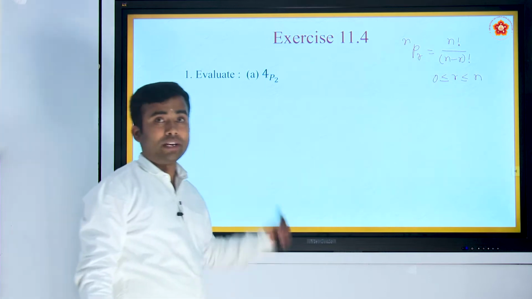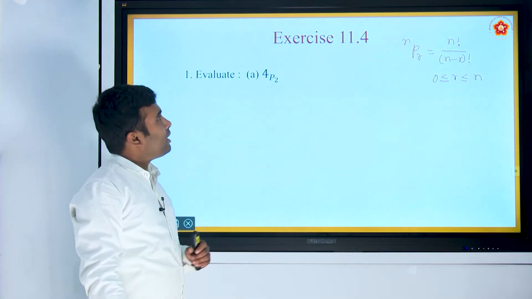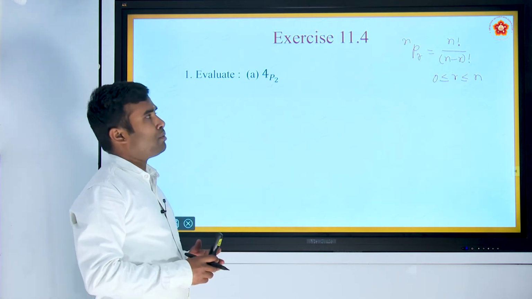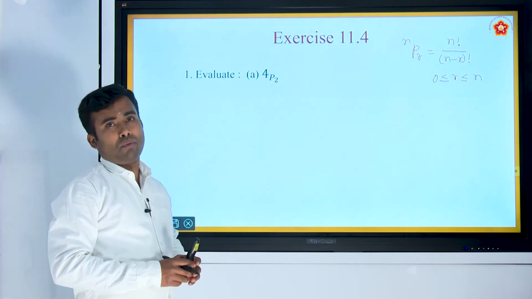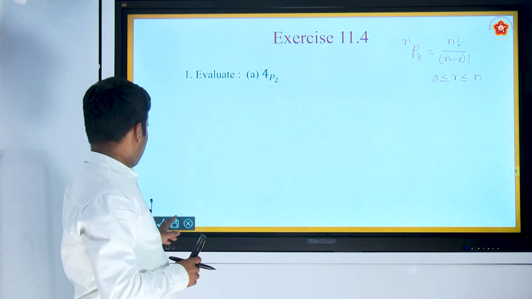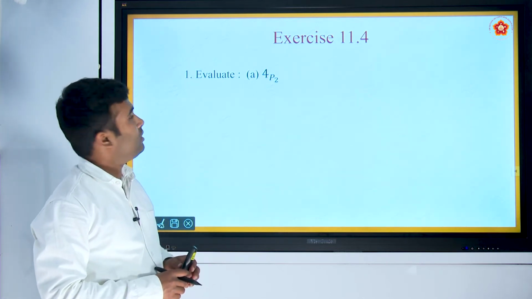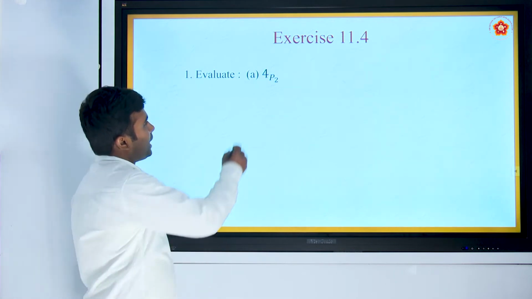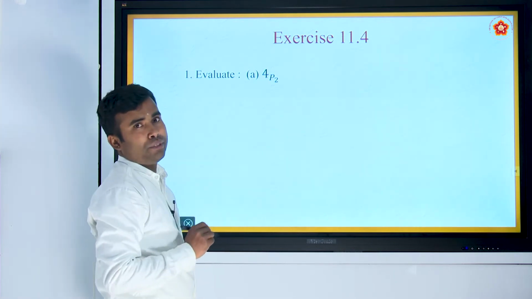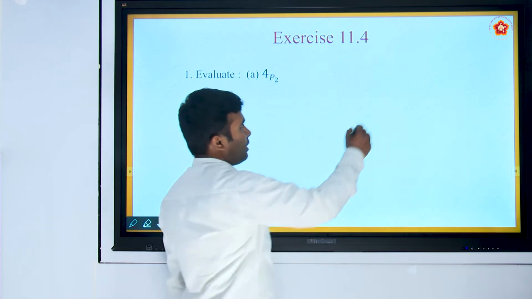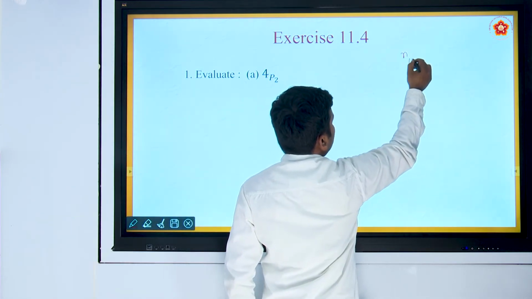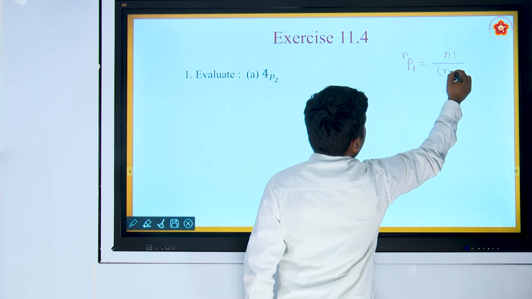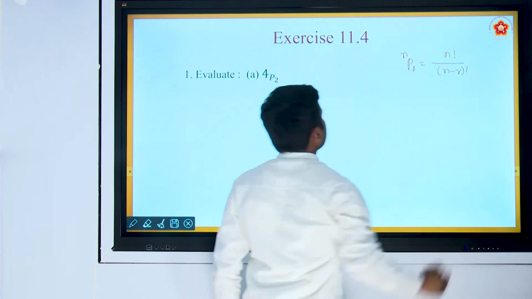In this class we will solve problems based on this formula. The first problem is: evaluate 4P2. We can evaluate this using the formula nPr is equal to n factorial divided by (n minus r) factorial.